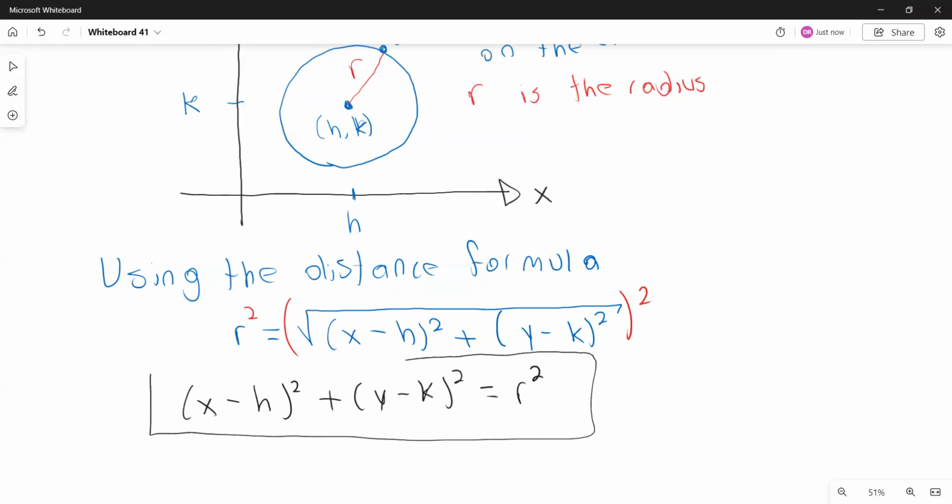So this is the center radius form. And I'm going to copy the formula from the book.